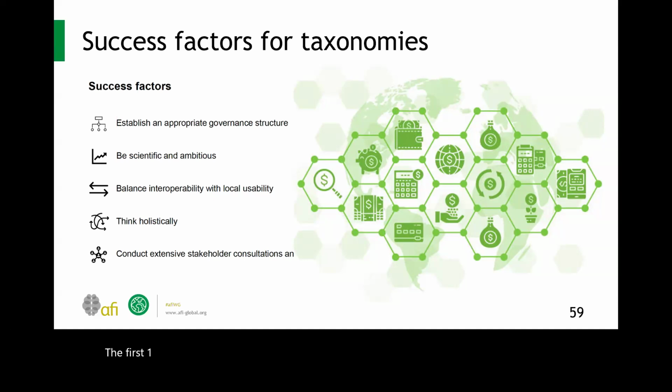And the governance structure, for us in Rwanda, meant that we were supposed to have a high level national structure that would steer both at a political level, but also at a central government level, as well as the financial sector.